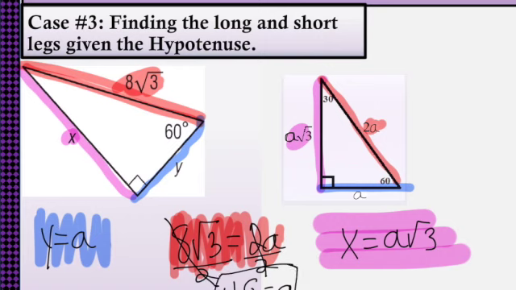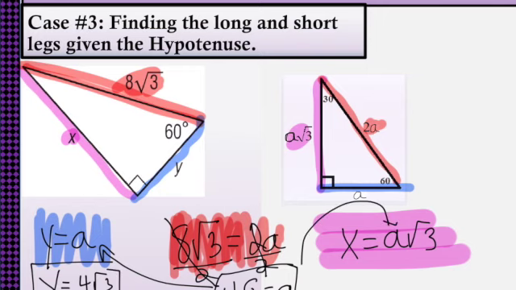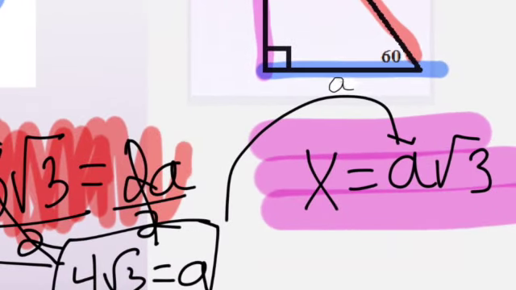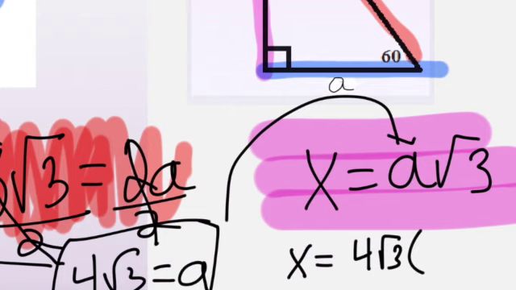And then I can just plug that into wherever I see an a. I see an a there, so now this becomes y equals 4 radical 3. Done. I see an a here, so I can plug it in. So I get x equals 4 radical 3 times radical 3.